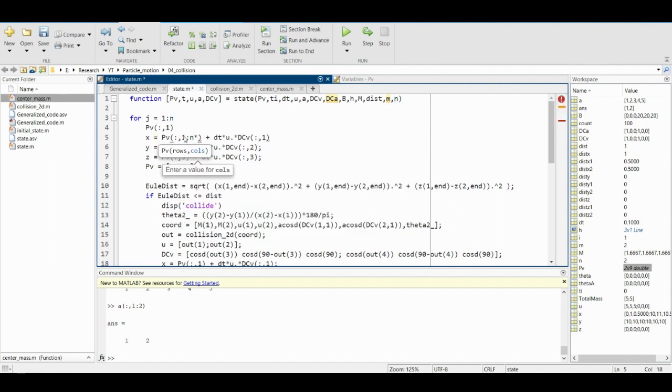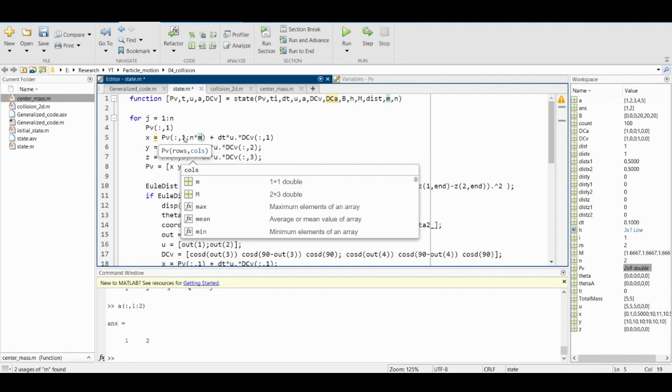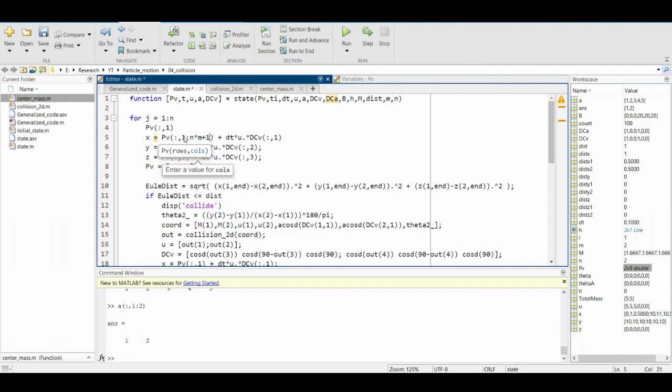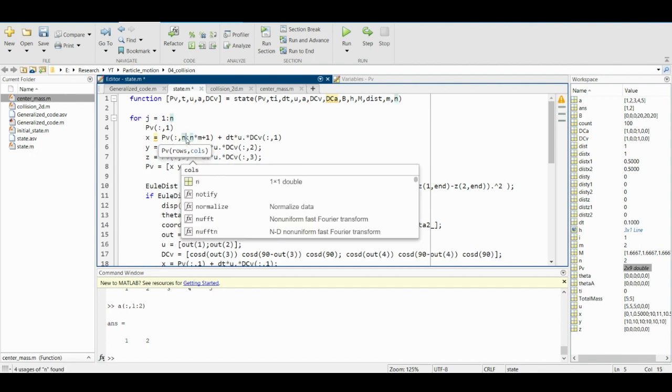N is 1 into m plus 1. Let me see. So it will be like 1 to 1. M plus 1 is how much? 3. 3 ones are 3. 1 to 3. So in the second case, n would be 2 and m will be 2. 2 plus 1, 3 into 2, 6. So the thing is, this one should be n.